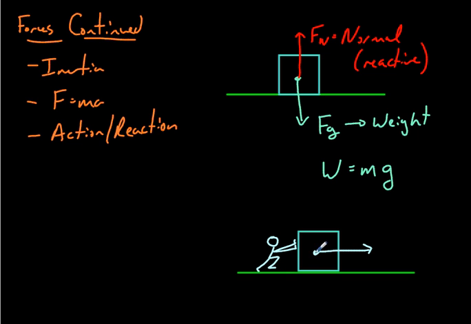Well, you will note that if this moves at a constant velocity, so in other words, there's no acceleration, say we're just moving it along at a constant velocity, well, there must be then a force counteracting this, right? So we can call this your FA, the force that you're, say, attempting to accelerate with or push it along with. And since it's not accelerating, it's just traveling constantly, right?